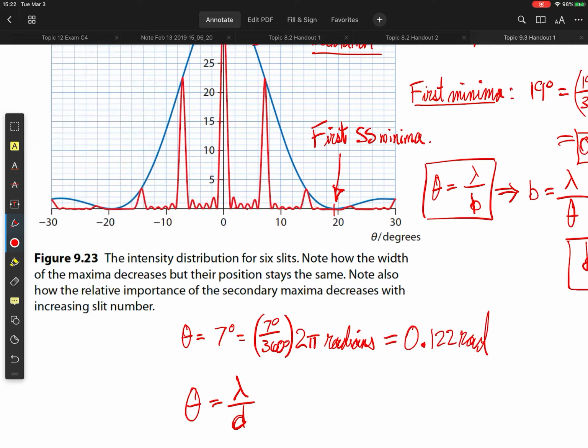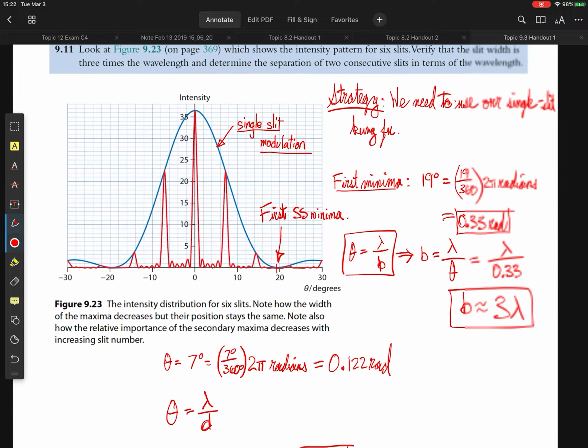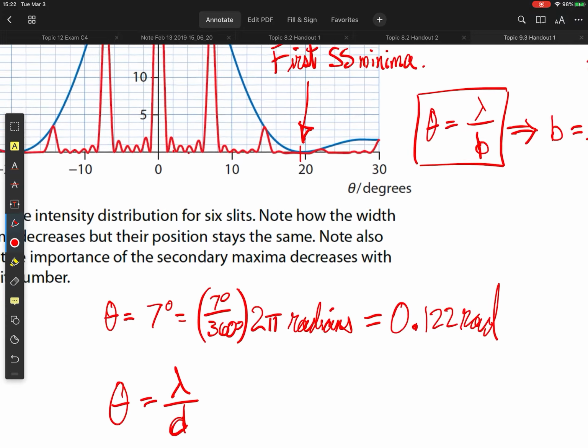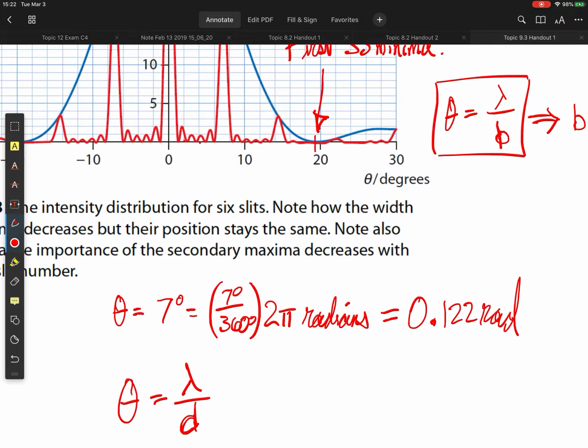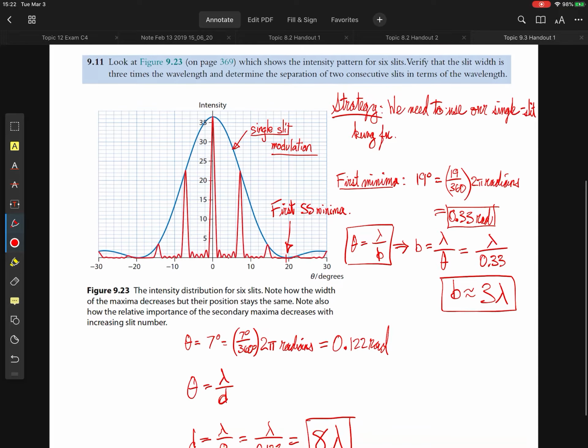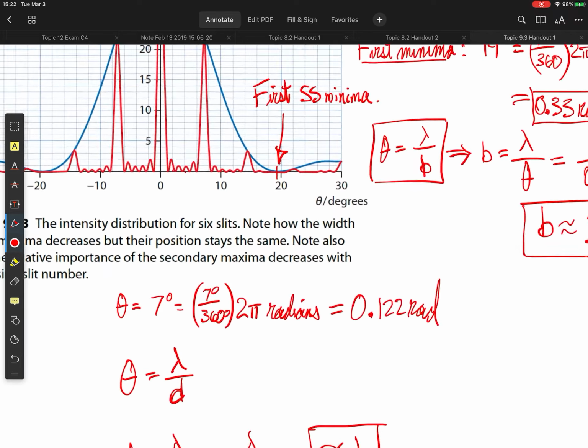Okay, for the next one, the angle to my first maxima, or my angle between maxima if you prefer, is about 7 degrees. Okay, so now we're looking at the multiple slit pattern. We're looking at our maxima.